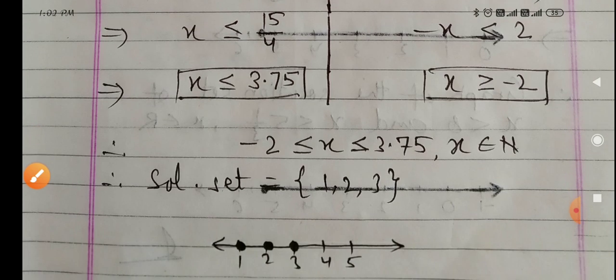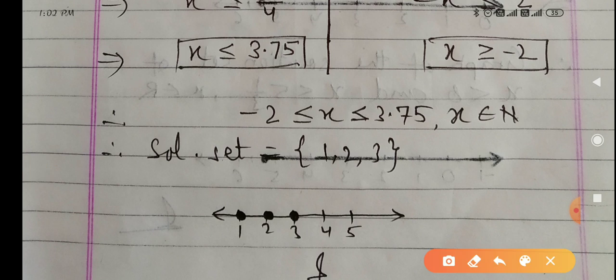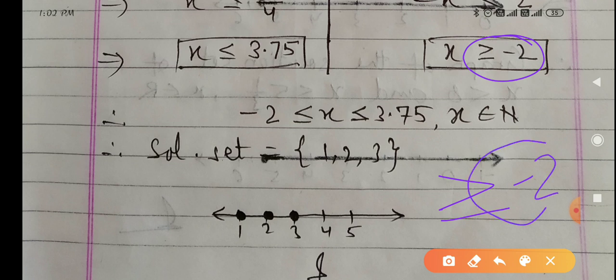I told you in the previous video, the number facing the corner. You can see, this number minus 2 is facing the corner. So that will be written first, then the less than sign will come, less than equal to sign, x, and then less than equal to sign, the number facing the open mouth, 3.75.